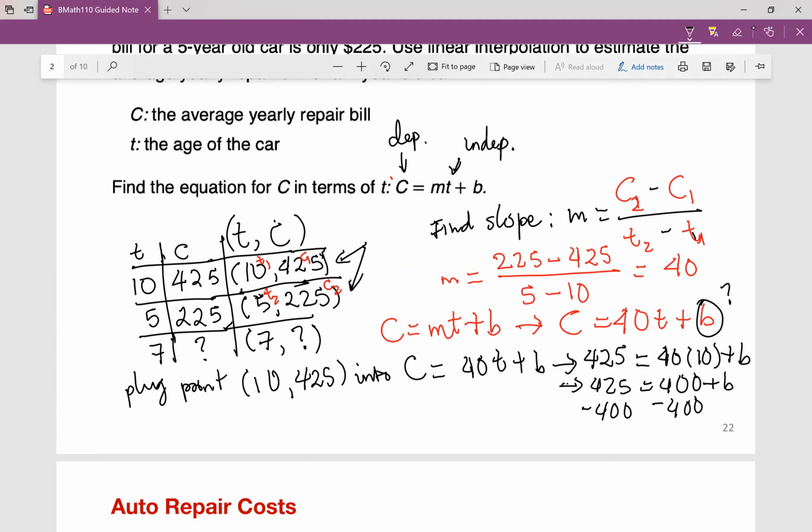So I will have 25 on the left-hand side equal to B. And now I will have the answer as C equals 40T plus 25.